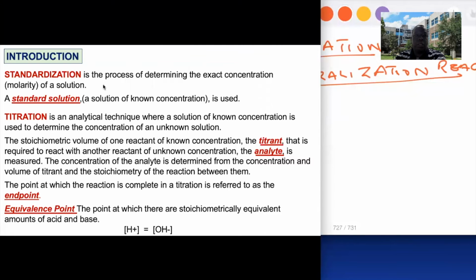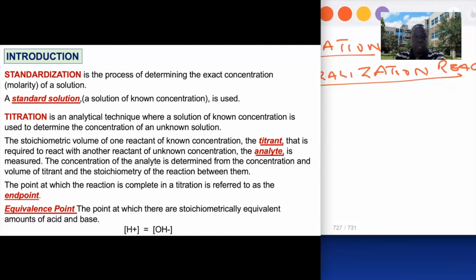The calculation in section 4.3 is tailored towards determining the exact molarity or concentration of NaOH, and then thereafter we will use it in section 4.4 in determining the mass percent or the amount of acetic acid in vinegar.